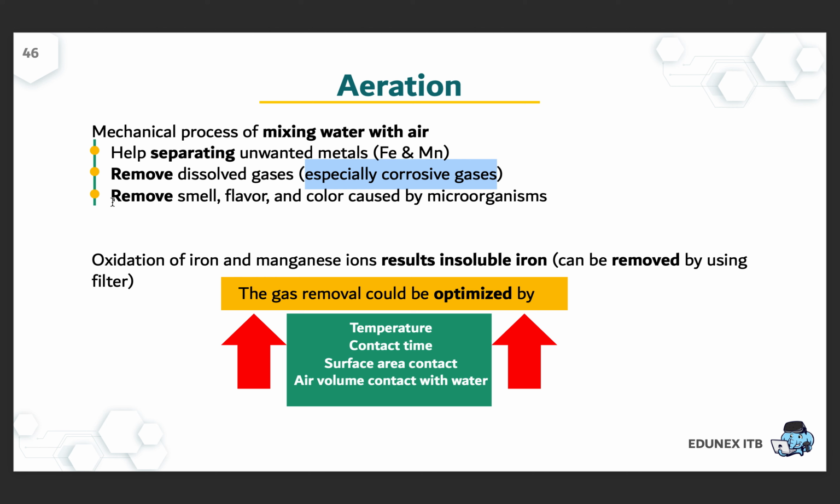And the third one is to remove the smell, flavor, and color caused by microorganisms. As you know, because the water is not sterile, there are a lot of microorganisms there, and over time the microorganisms do metabolism, and they will excrete something, and those things may cause a foul smell, flavor, and color in the water.